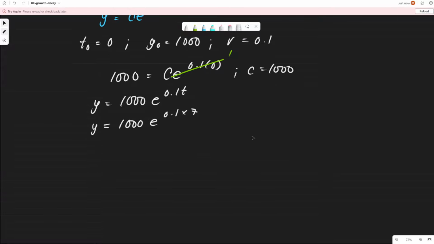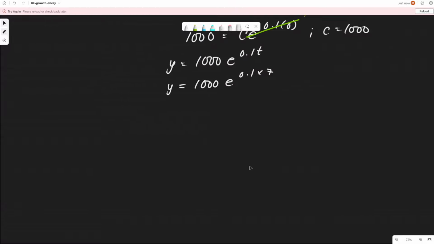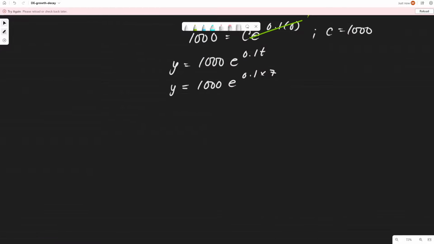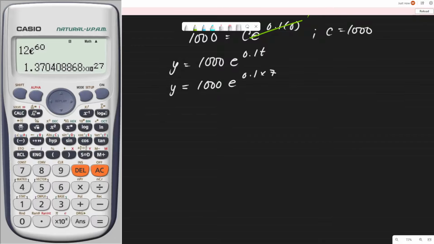So, taas ko lang yung ating calcu. Asan na yung calcu natin? Ayan. So, we have 1,000, that is 1 times 10 raised to 3, shift ln e raised to 0.1 times 7. This is equivalent to 2013.75. But guys, remember, birds ang pinag-uusapan natin. Wala tayong 0.75 na bird, 'di ba?